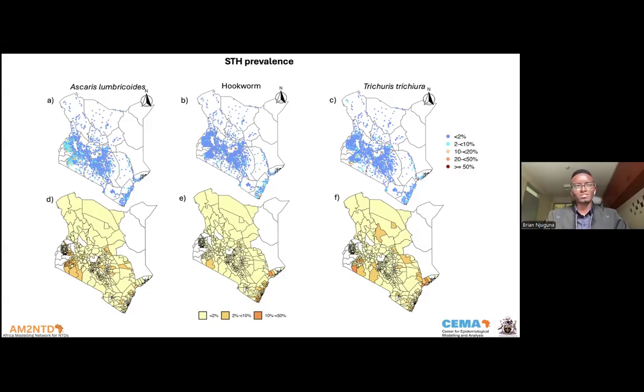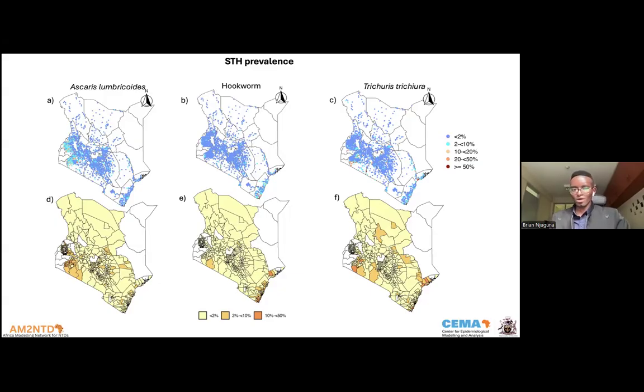Impact assessment surveys are where countries or programs that have conducted at least 5 rounds of treatment are supposed to do a survey so that they can assess whether they should change the frequency of treatment. This is a new method for doing this impact assessment, and it was piloted in Kenya in 32 counties.